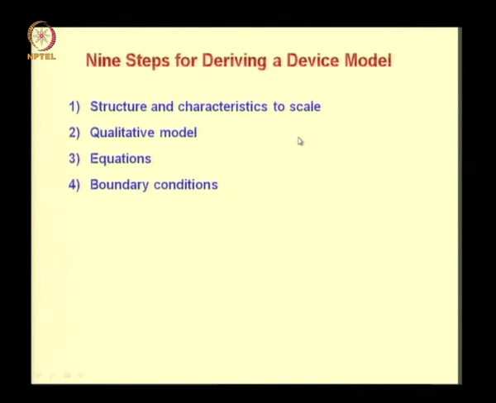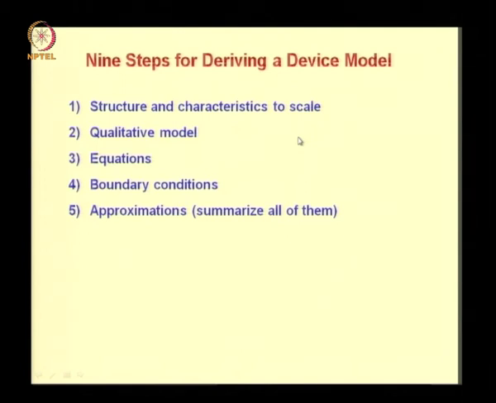These equations follow from the qualitative model. After writing the equations, we write the boundary conditions, which also follow from the qualitative model. In the fifth step, we summarize all the approximations we have made, starting from the qualitative model and then regarding the equations and boundary conditions.